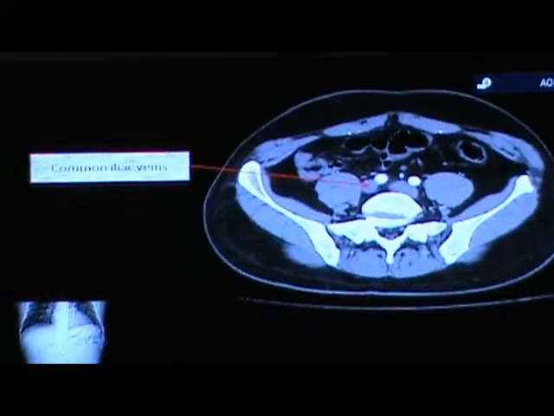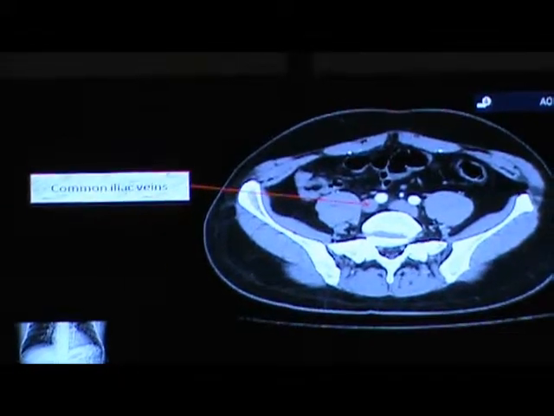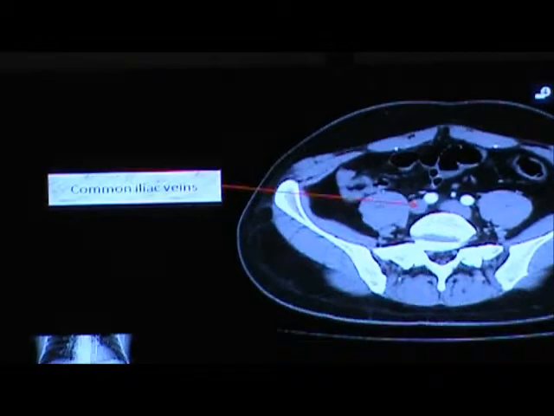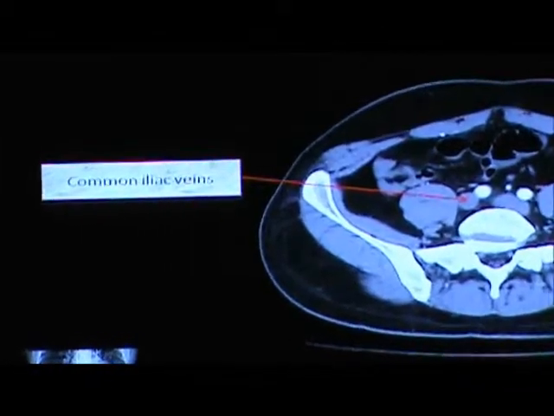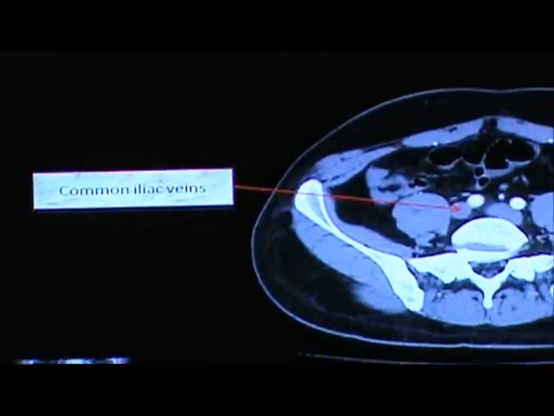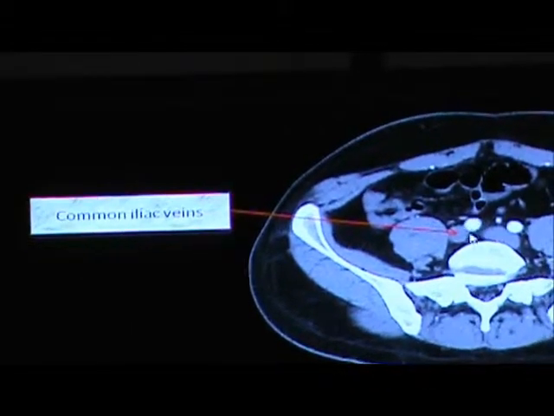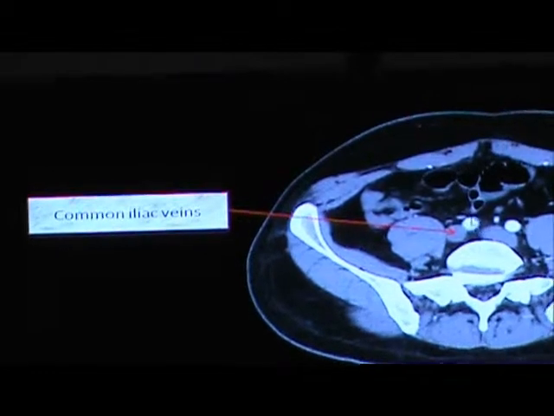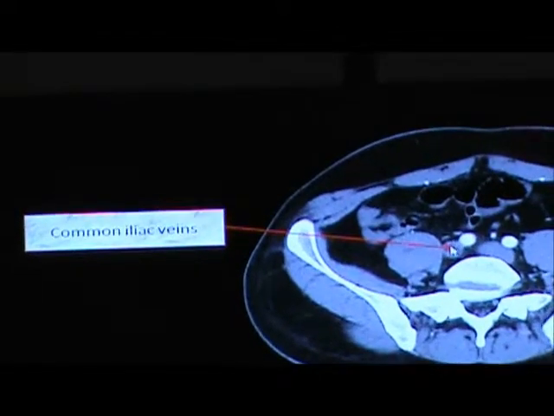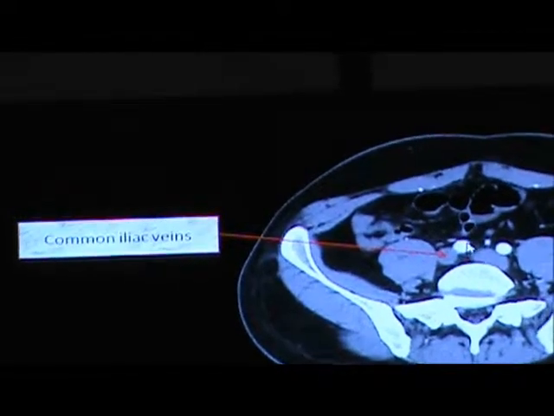And a little lower, of course, this is a picture taken after the patient received radio contrast. So the blood in arteries contains much more radio contrast than in veins, that's why they are much whiter.